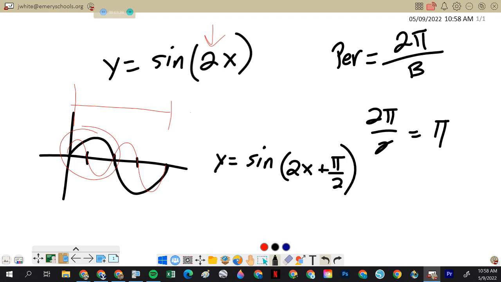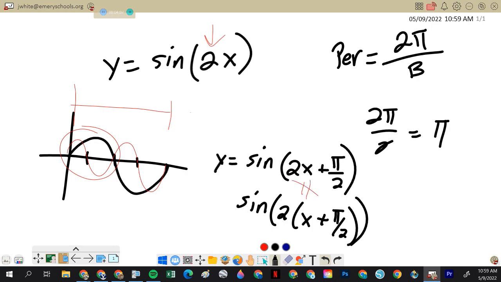So you look at that and you say, okay, the period is half as big, and we're going to phase shift to the left pi over 2. But we never write that sort of problem in this form. We always write it in this form. Okay? Those are not equivalent. Right? These are not equal.